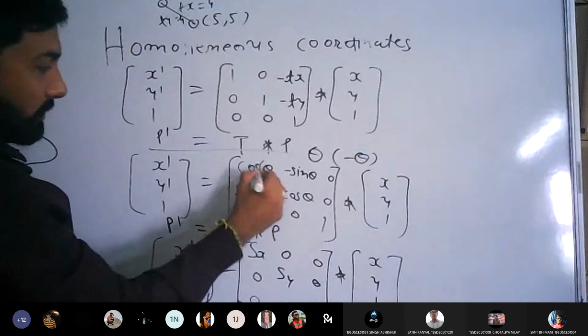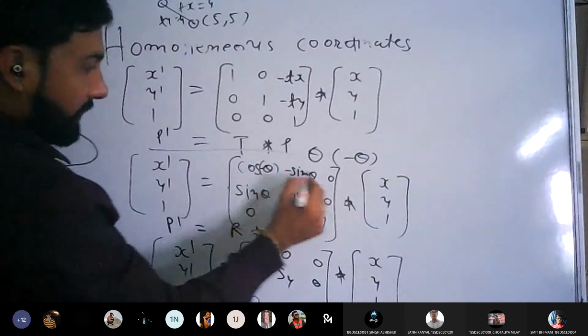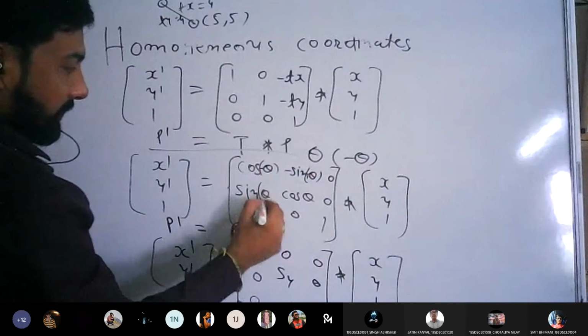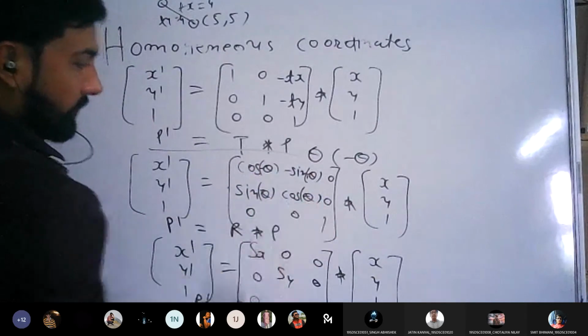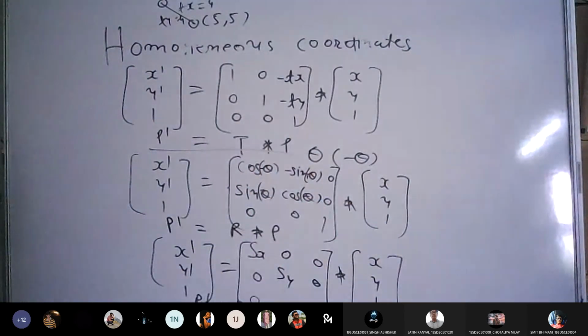So it will be cos minus theta, minus sin minus theta, then sin minus theta, cos minus theta. If you replace theta with minus theta, you can always get the inverse rotation. If you first rotate by 45 degrees and then by minus 45, you will get the reverse process. This is how you can do inverse rotation. Is it fine?